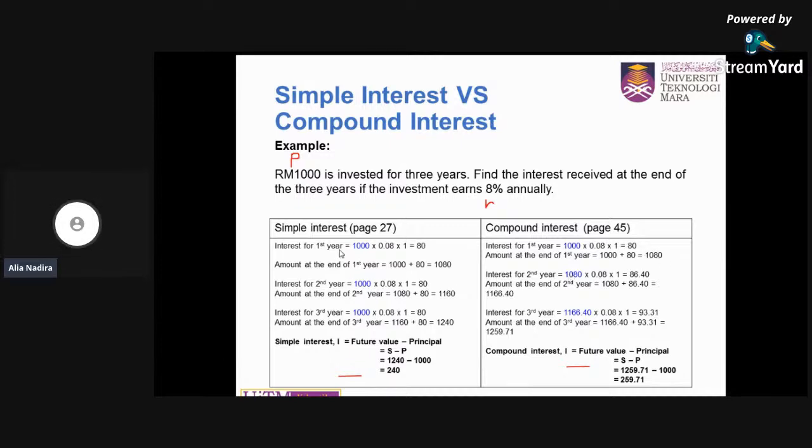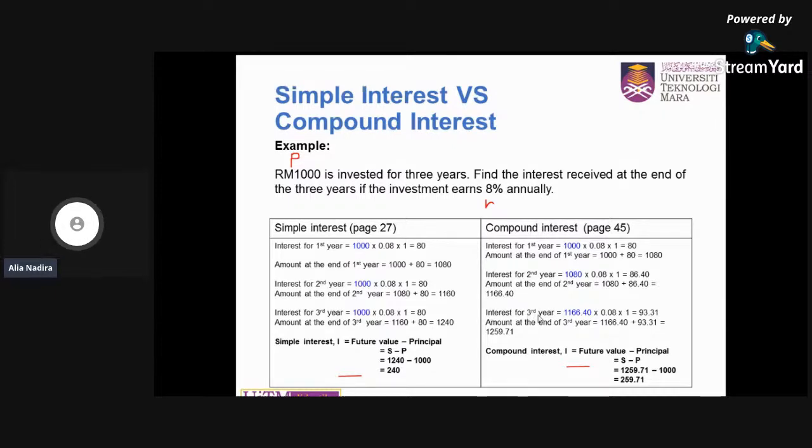Instead of maintaining the principal P as in simple interest, we take 1080 times R and T. So it becomes 86.40, and the amount will be 1080 plus 86.40.